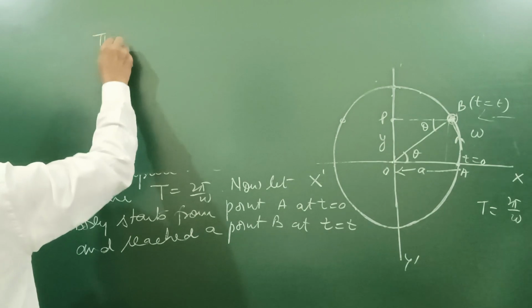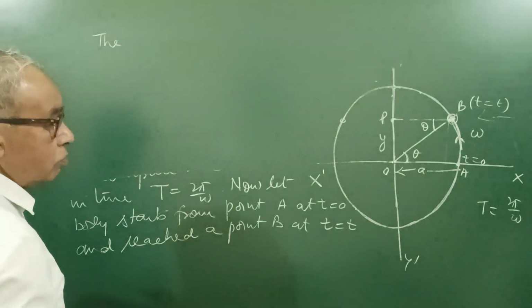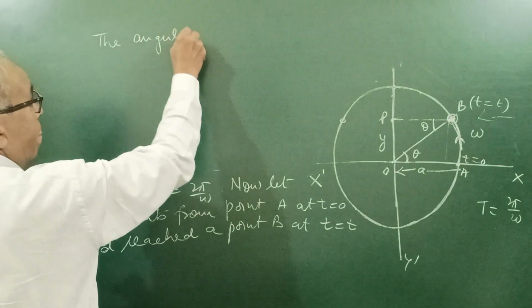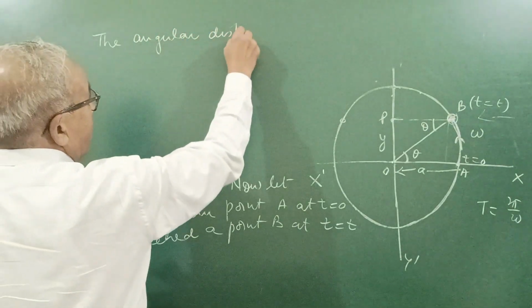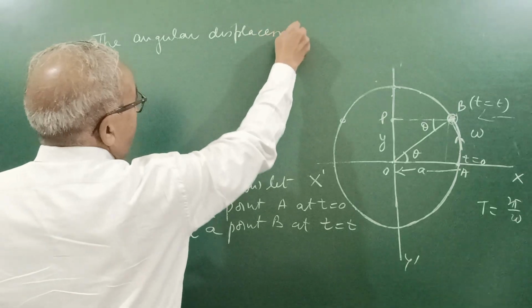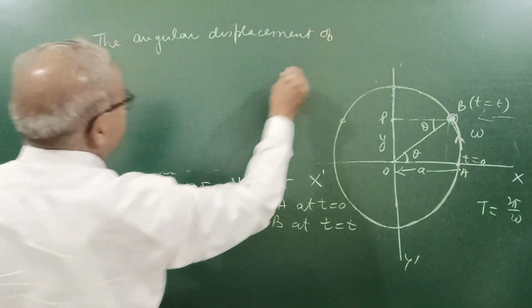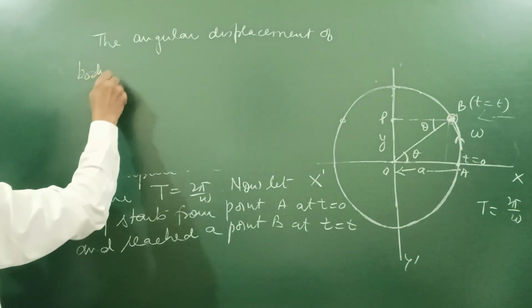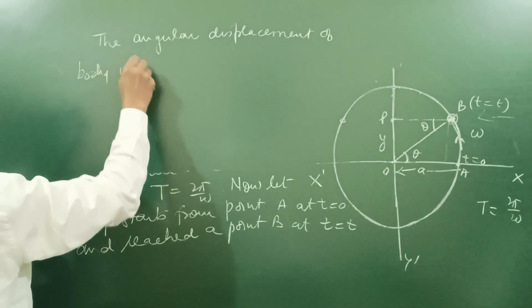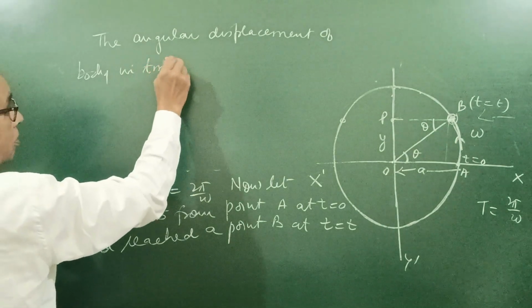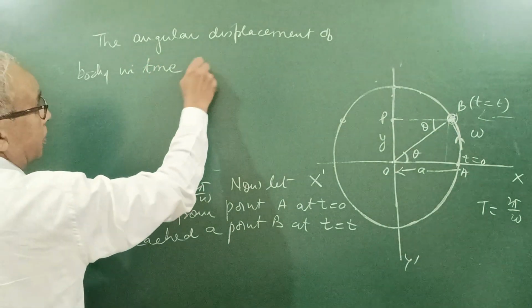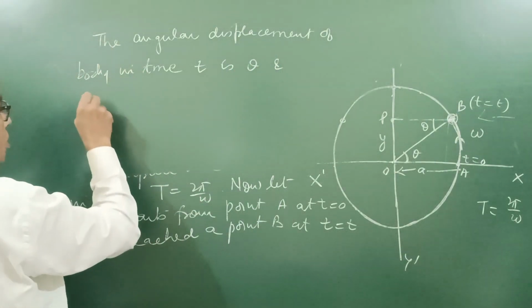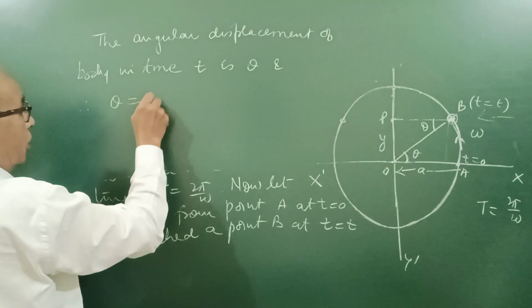The angular displacement of the body in time t is theta, and hence theta equal to omega t.